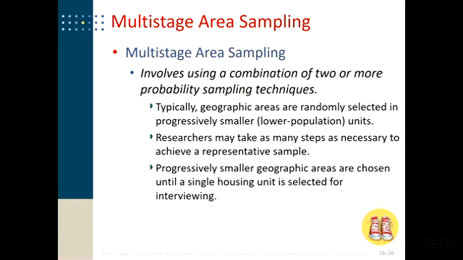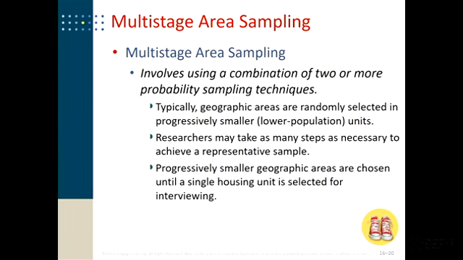Multi-stage area sampling. This type of sampling technique is particularly applicable when you are dealing with geographic sampling. When we follow multi-stage area sampling, we follow different stages of sampling, and we progressively reach a smaller geographic location or smaller geographic unit so that we can reach our respondents.